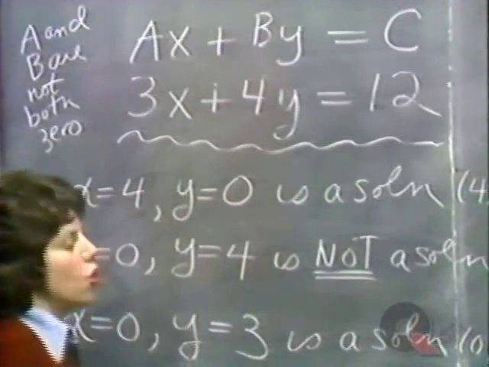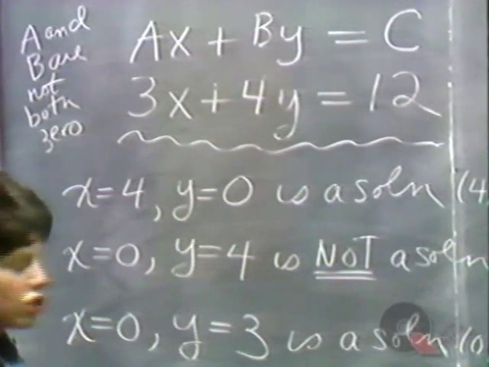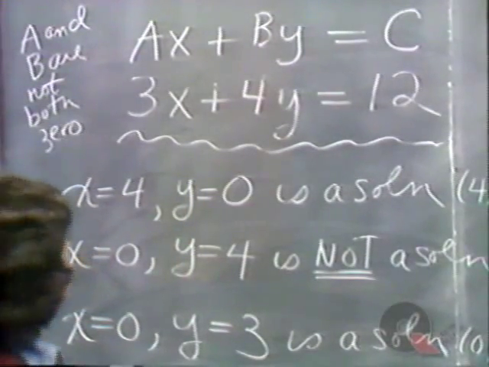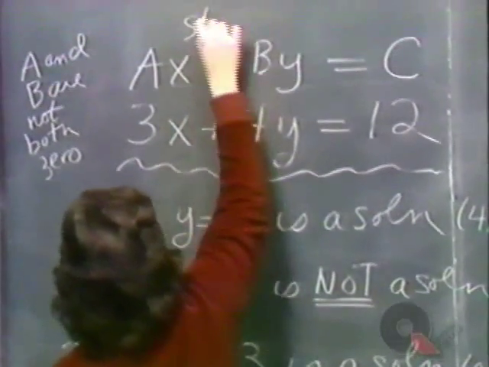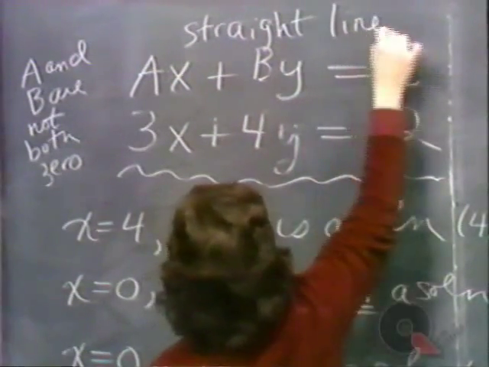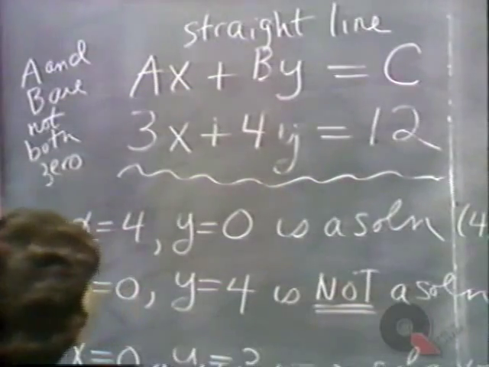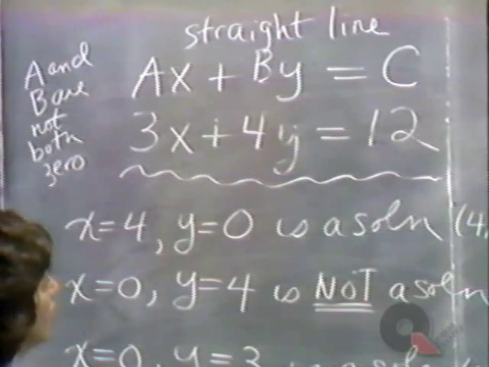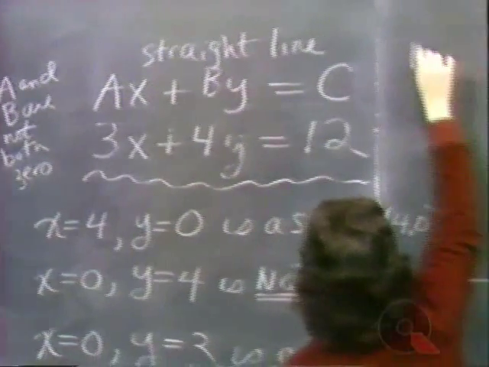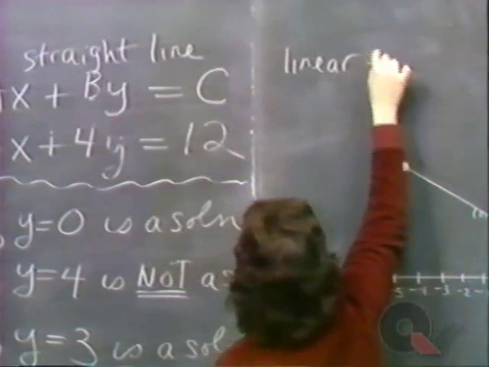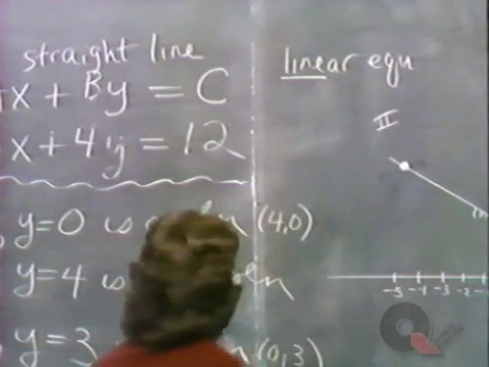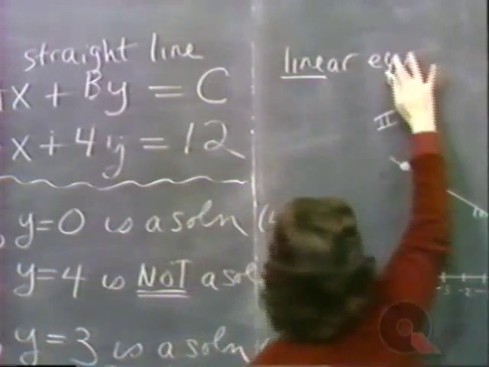It turns out that the graph of an equation of this form, that is, the picture of all the solutions of an equation of this form, is always a straight line. For this reason, such an equation is often called a linear equation. You can see why, because it has the word line in it.